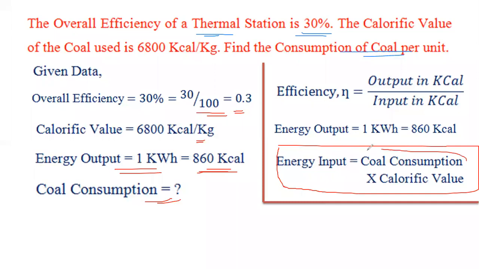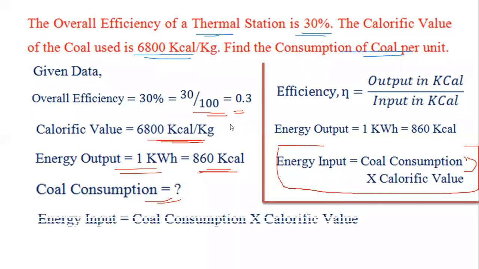We want to find out the coal consumption. In the problem, the calorific value is given as 6,800 kilocalorie per kg. The energy input equals coal consumption times calorific value.